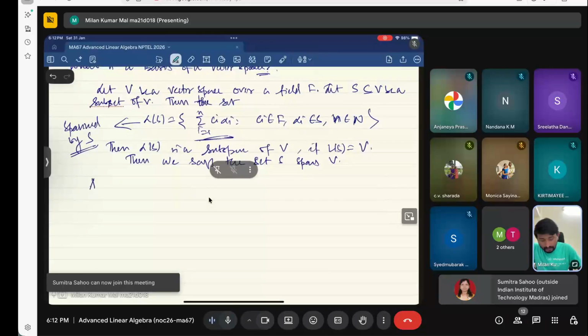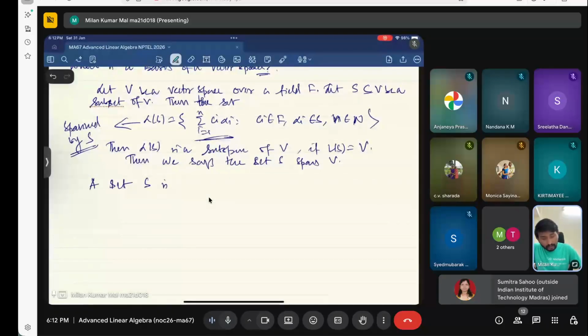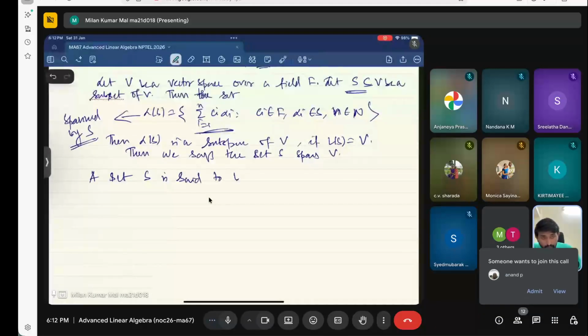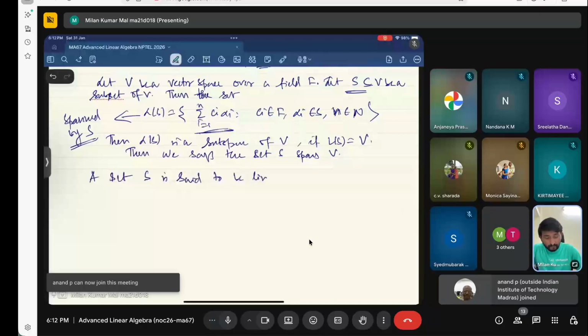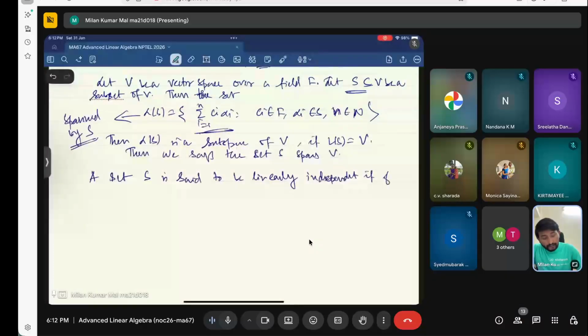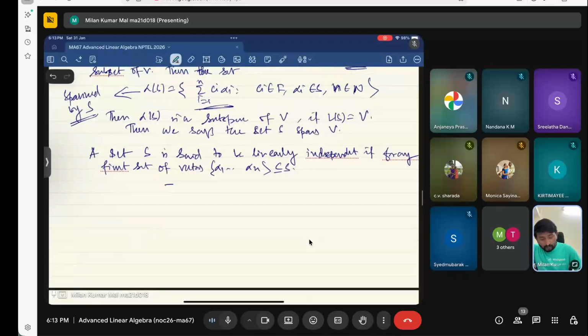A set S is said to be linearly independent if for any finite set of vectors alpha 1 to alpha n from S, where n can be any natural number, the summation of ci alpha i equals 0 implies that ci equals 0 for all i equals 1 to n.